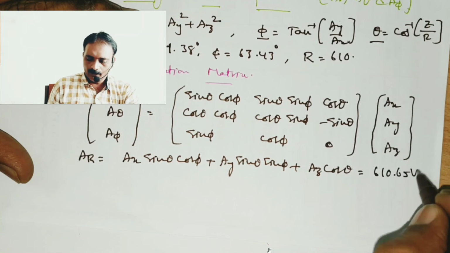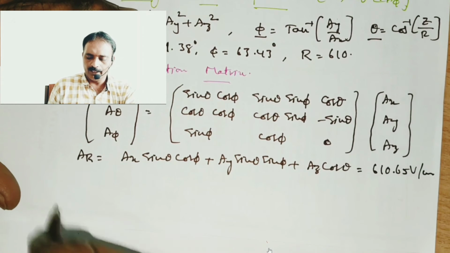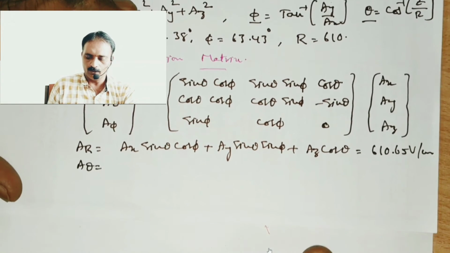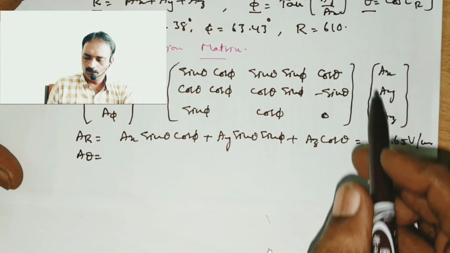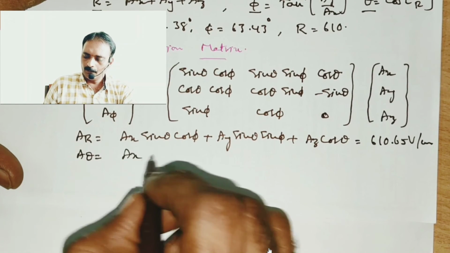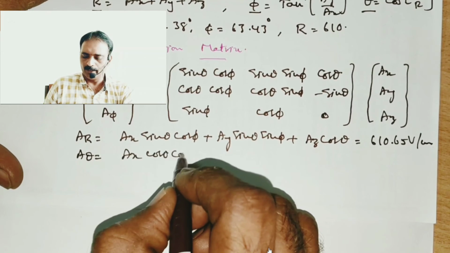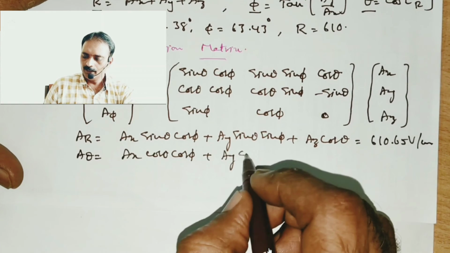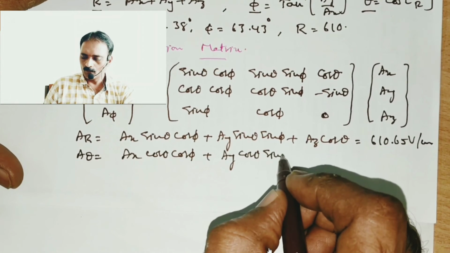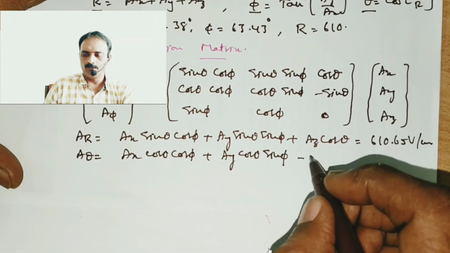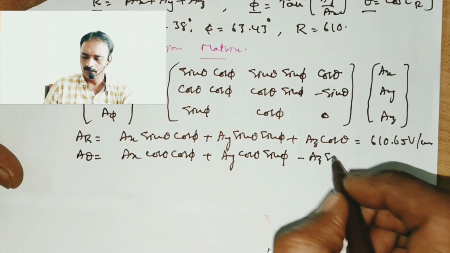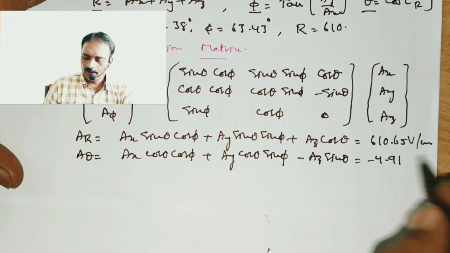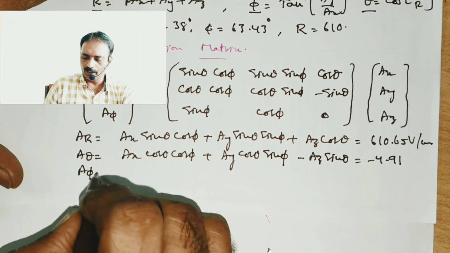And similarly the second coordinate, that is A theta, the other coordinate in spherical system, A theta is equal to Ax into cos theta cos phi, just we are doing the multiplication of matrices, plus Ay into cos theta sin phi minus Az into sin theta, which gives a value of minus 4.91 volts per meter. And similarly we are going to have A phi as equal to minus Ax sin phi plus Ay cos phi.